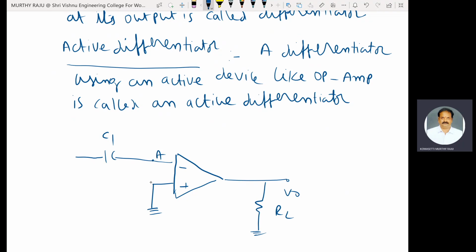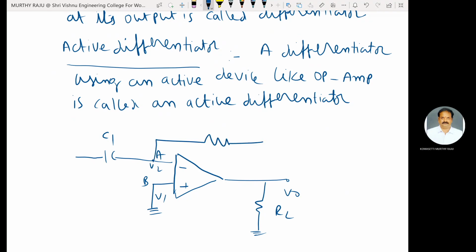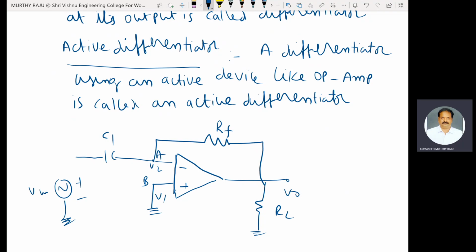This is the point A, point B, V1 and V2. This is the resistance RF. Input voltage Vin is applied here. This one is a base current IB2. This one is input current Iin. This is the feedback current IF.